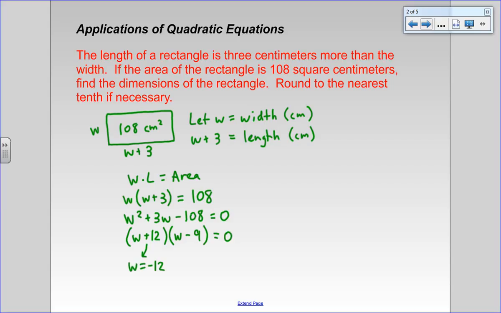While this is a valid solution of the quadratic equation, it's not a valid solution of the word problem, since it's unreasonable to have a width that is negative. So from the standpoint of solving the word problem, we can ignore that first solution. On the other hand, if W minus 9 equals 0, then W equals 9, and this is a reasonable solution for the width of the rectangle.